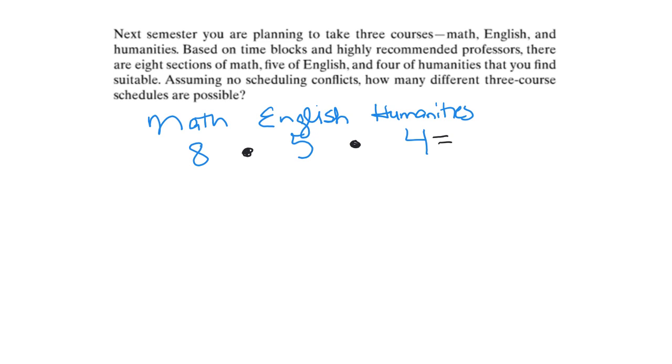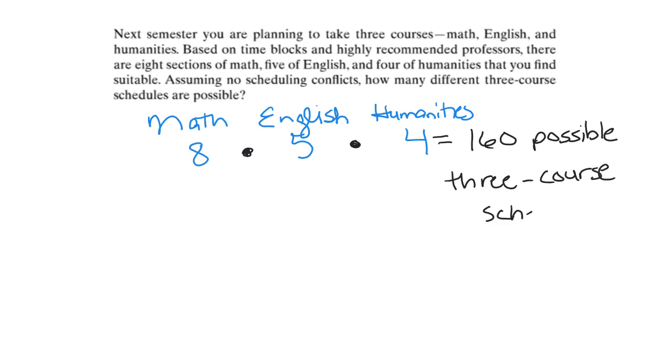And that will give you a total of 160 possible schedules. And I'll write this formally for us. So there is no way you shouldn't be able to pick some kind of schedule out when you have 160 possible ways to choose from.